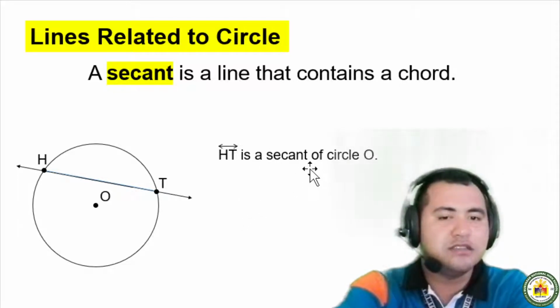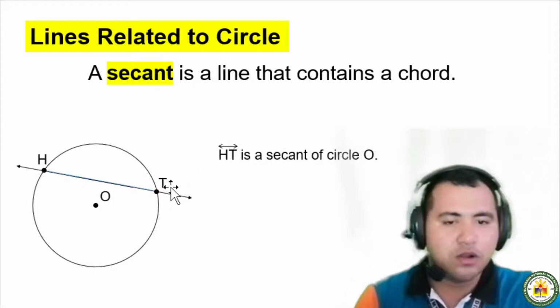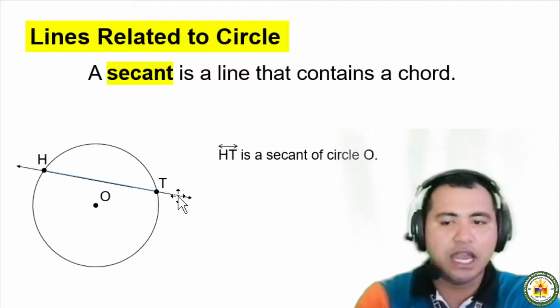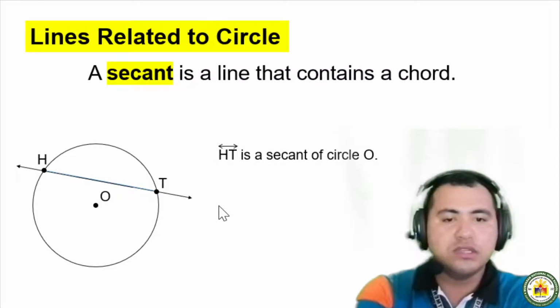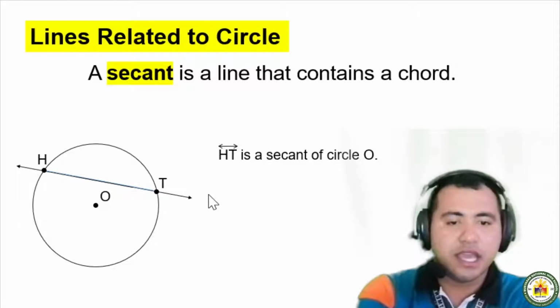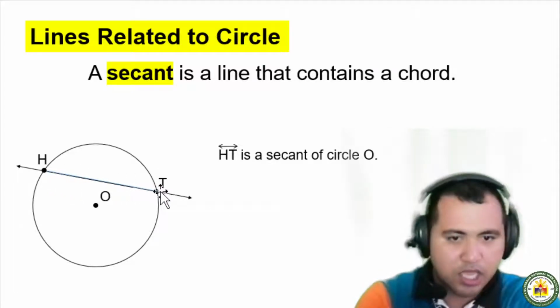Dili siya secant, tawag siya og chord. Pero kay naa man siya arrow, linya man siya, it is a line. So dili siya chord. Tawag siya og secant. Kay ang chord gikan raman sa H paingon ni T.